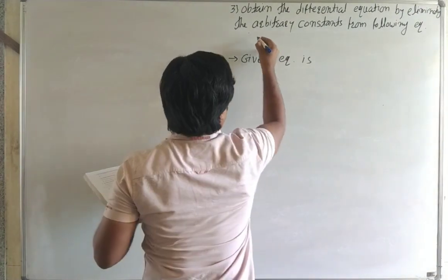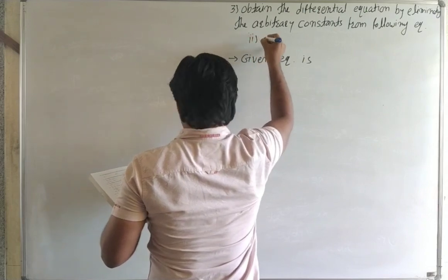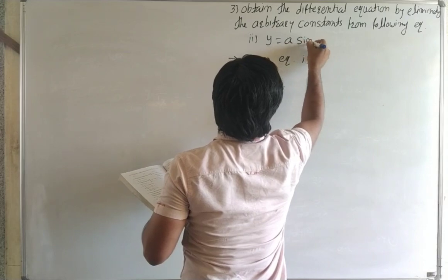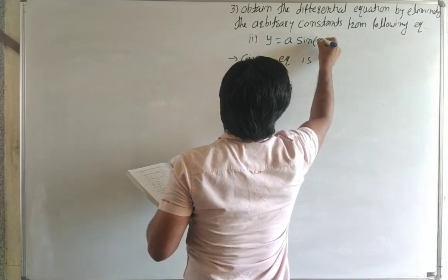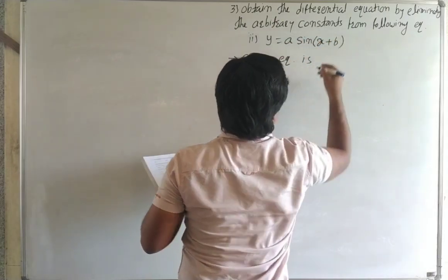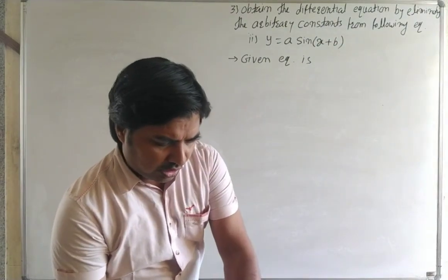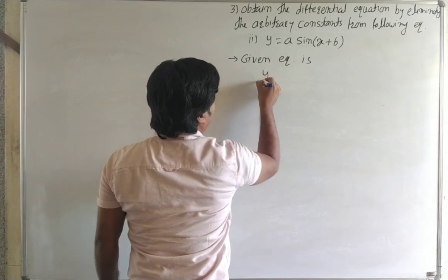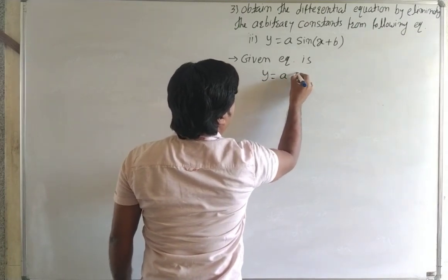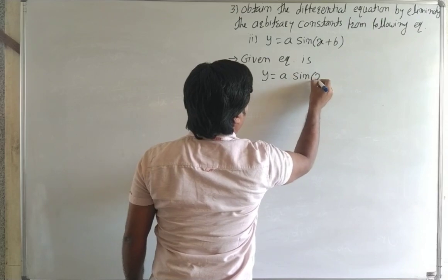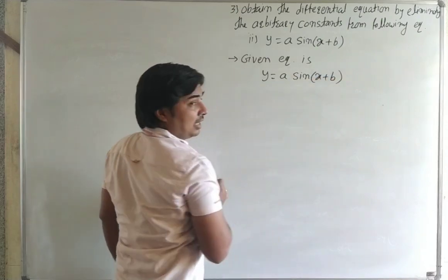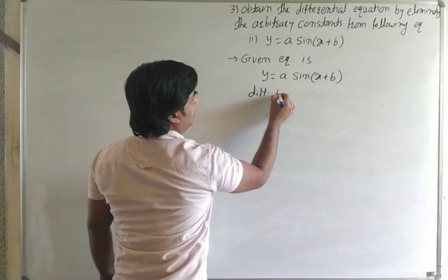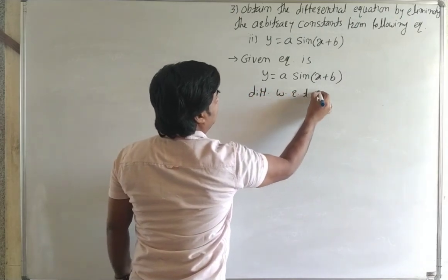Now we see the second example. The second example is y is equal to a into sine of x plus b. Here again there are the two arbitrary constants a and b. The given relation is y is equal to a into sine of x plus b. Now differentiate with respect to x.